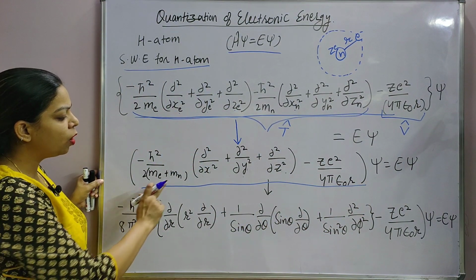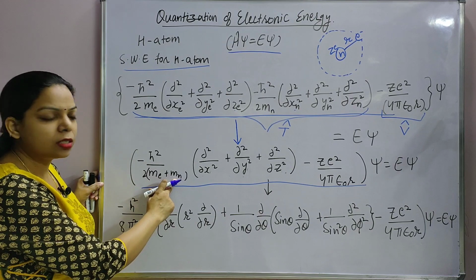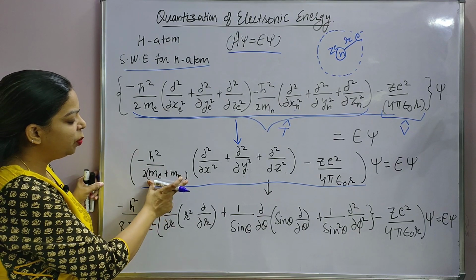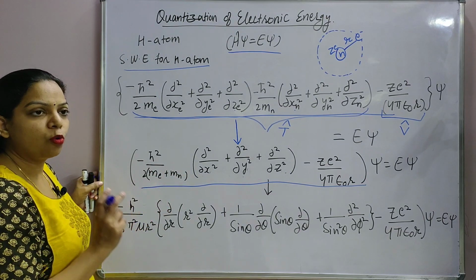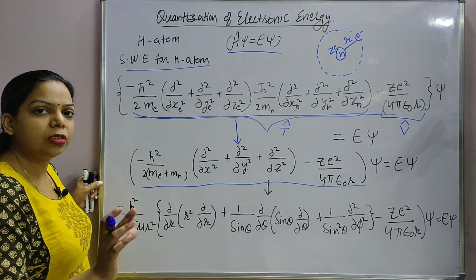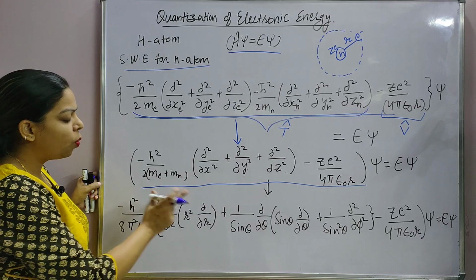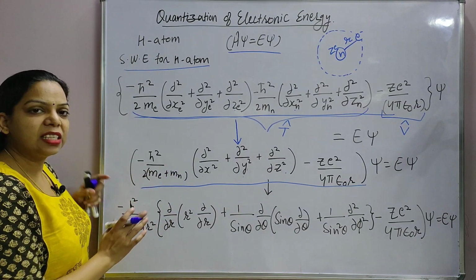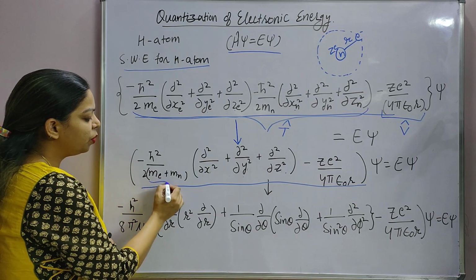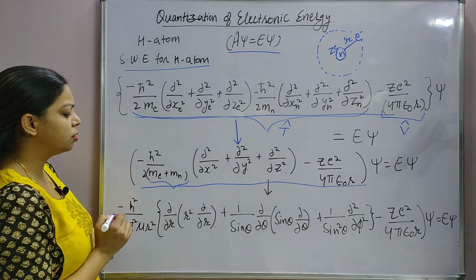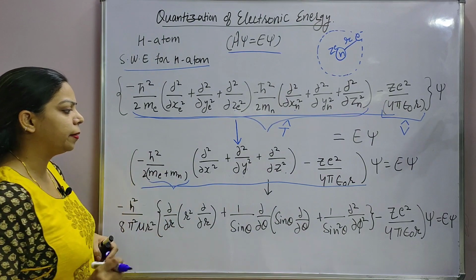Here I am not neglecting the mass of the nucleus because we will be taking reduced mass. Otherwise we can apply the Born-Oppenheimer approximation to avoid this term, but in this case we will continue with the entire term. So we will use reduced mass in terms of Me and Mn.